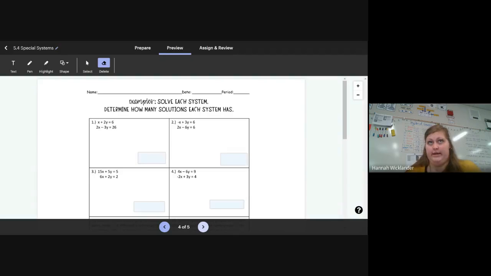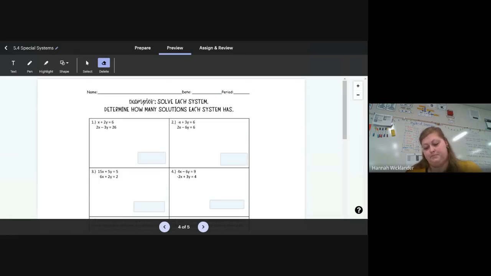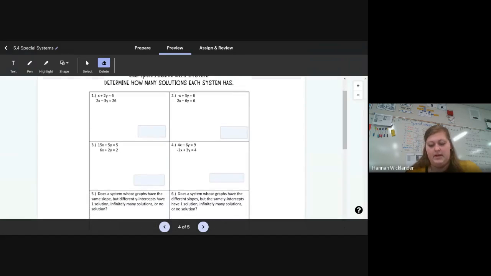So you're going to go in, and then there's a text box right here, and you're going to put no solution or infinitely many or one solution. And so looking at these lines, the way I like to solve it is to first put both equations into y= form to see if they're the same line.